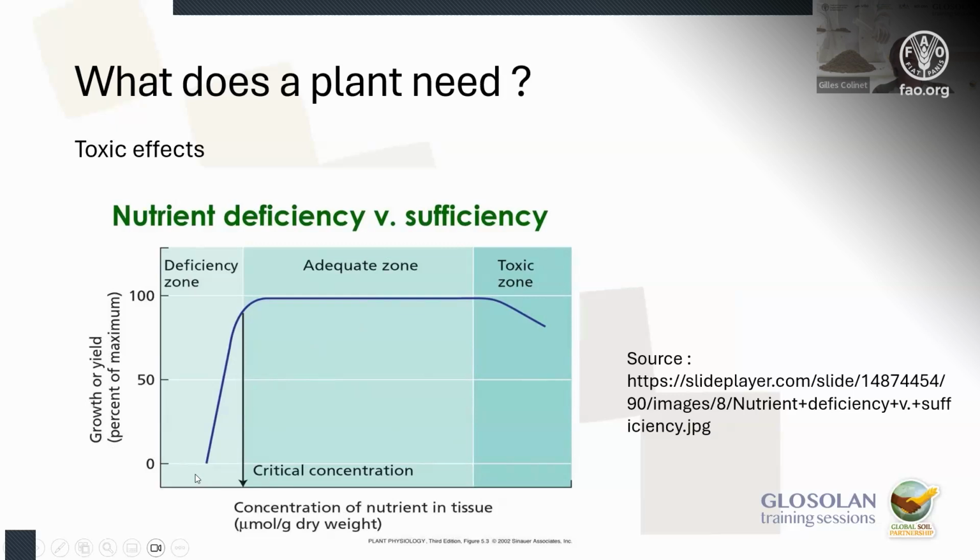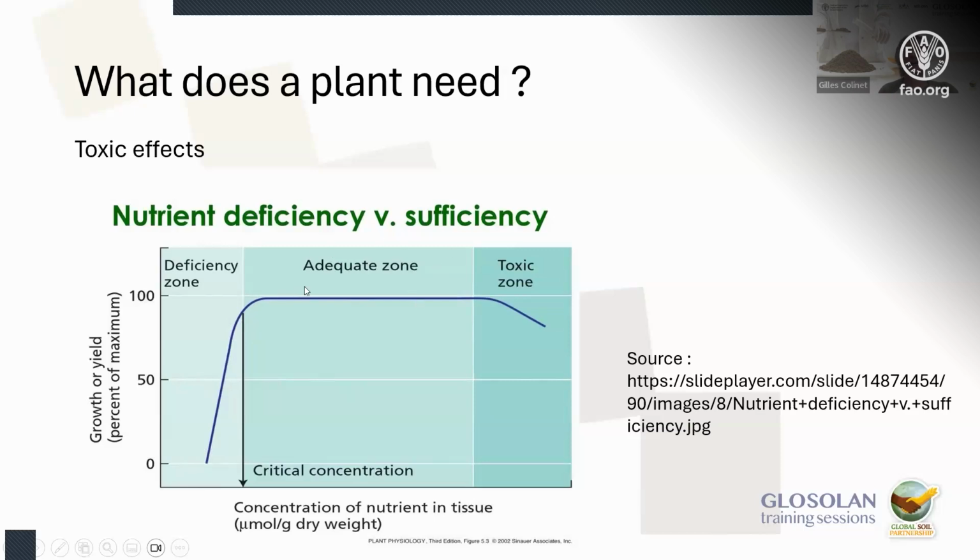So you fertilize your soils, and when the element is deficient, it means that if you increase the content of the element in the soils and in the uptake by the plant, the yield will grow.